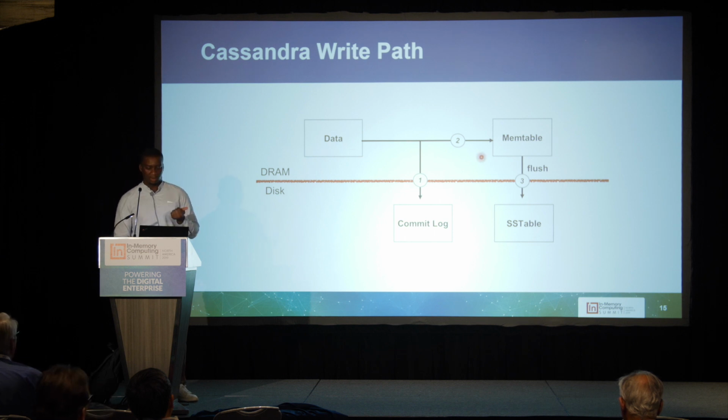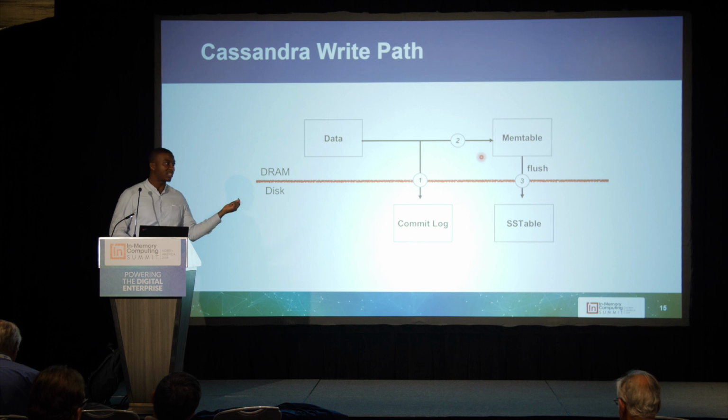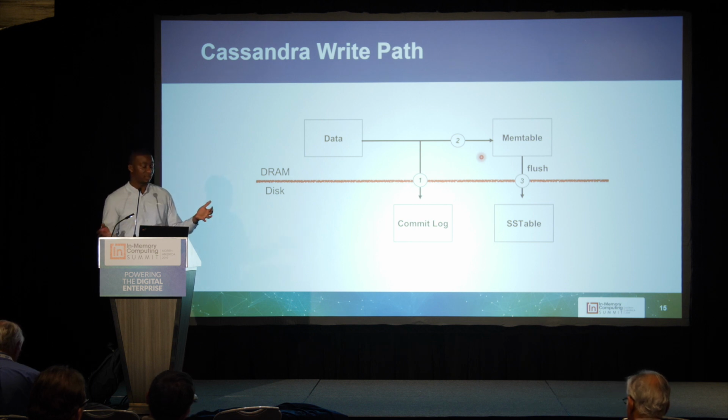On a write, you write to a commit log on disk, and then you write to the memtable in memory on DRAM. And then after this write operation has finished, once the memtable reaches a certain threshold size, you flush to disk in the form of an SSTable.